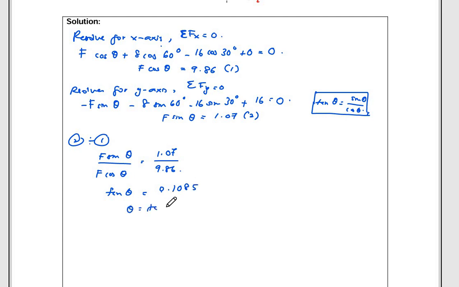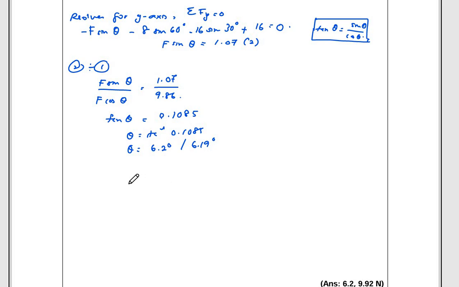So theta is tangent inverse 0.1085. Theta will be 6.2. Okay, ataupun 6.19 pun boleh lah. Okay, so 2 decimal. Okay, so substitute theta 6.2 degree into either one or two.